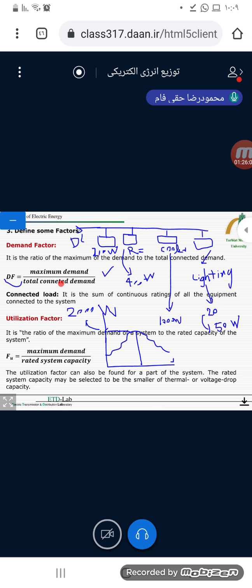For the demand factor in this home, you write the maximum demand, 2,000, over the connected load.